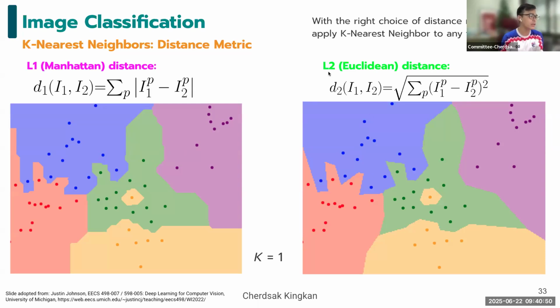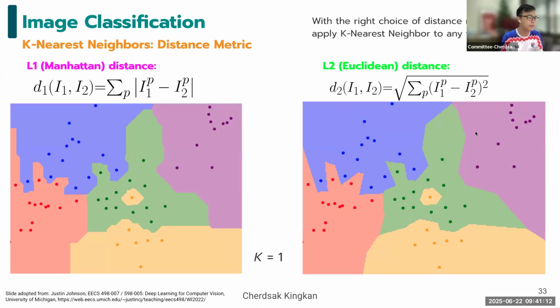And if we are using the Euclidean distance, we can see that it can cope with many angles, or it can smooth out the decision boundaries over here. As you can see the difference, it's either vertical or horizontal lines, or like 45 degrees.